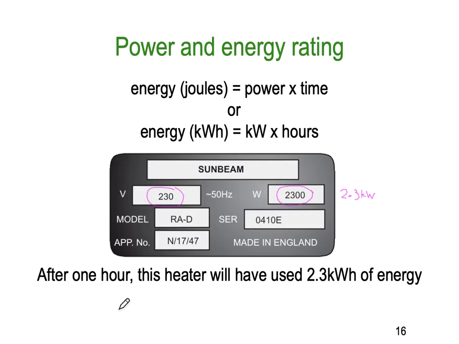If you were to run this for 1 hour, then it would be 2.3 times 1 equals 2.3 kilowatt hours. So kilowatts multiplied by hours is our standard unit of electrical power consumed.